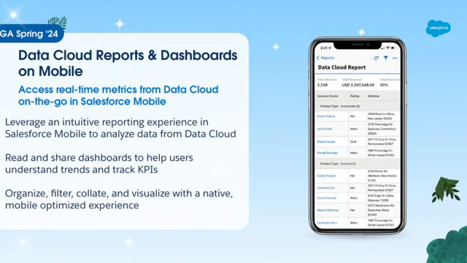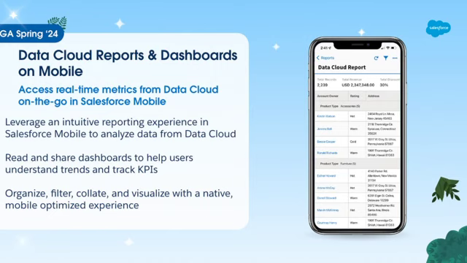The next piece that I'll be talking about is Data Cloud reports and dashboards on mobile. With reports and dashboards now being available on Data Cloud, you're able to access real-time metrics right from Data Cloud on the go in Salesforce Mobile. This reports and dashboards experience on mobile is going to be virtually the same as it was before, except it's going to be really optimized for now having Data Cloud as the data source.